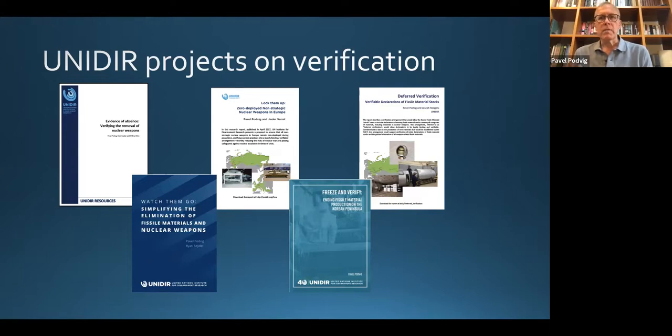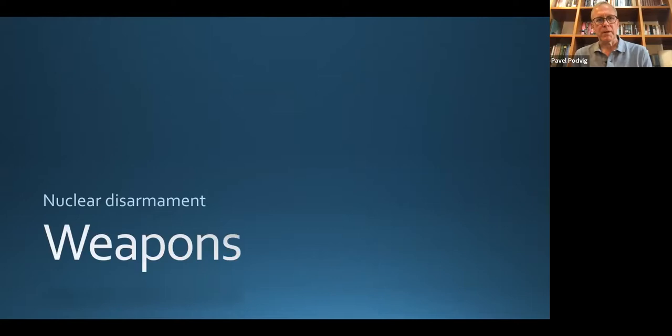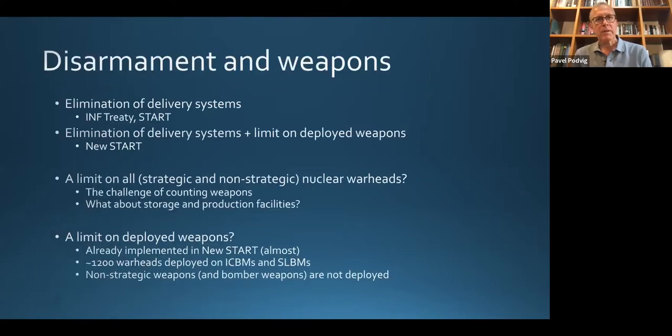What I will do is walk you through some of these concepts and ideas, and I hope you will get a sense of what this is all about. So first of all, weapons, and here what we are doing is disarmament or arms control, or as we say, disarmament, in fact.